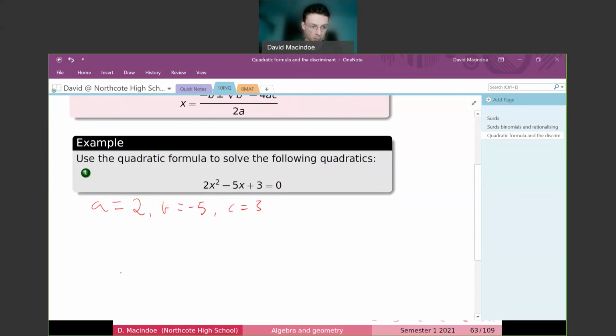Then x equals negative b, so that becomes +5, plus or minus the root of b squared, so -5 all squared, take 4 times a, which is 2, times c, which is 3, all over 2a, so 2 times 2.